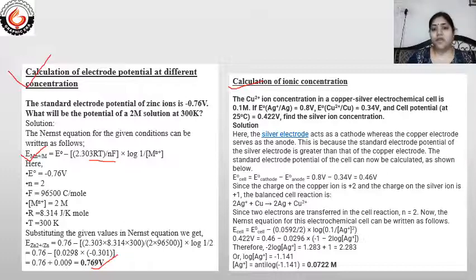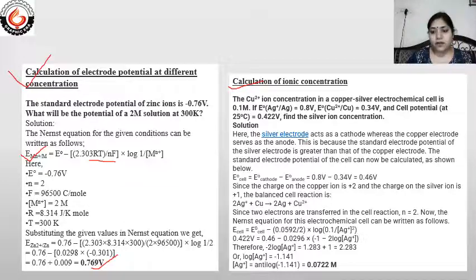If E naught is equal to 0.8 volt for silver and E naught for copper is 0.34 volt, the cell potential at 25 degree centigrade is 0.422 volt. Find the silver ion concentration.